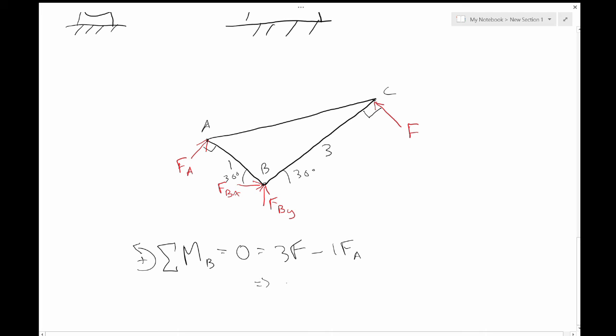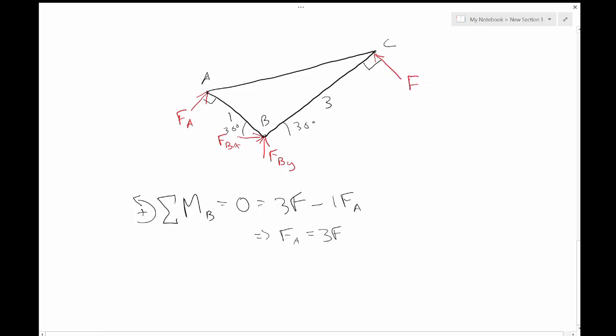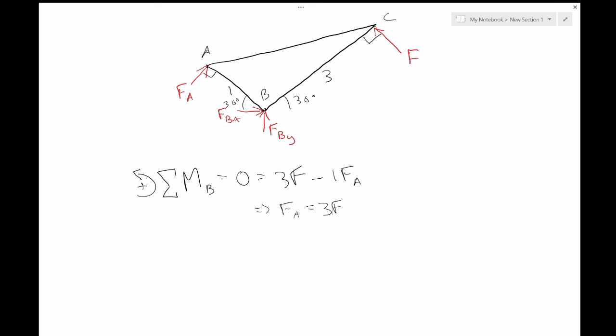So then we can say that FA is equal to 3 times F.